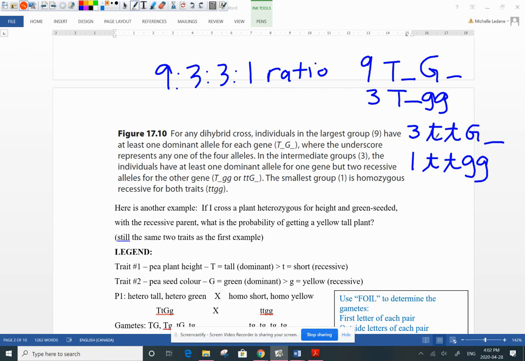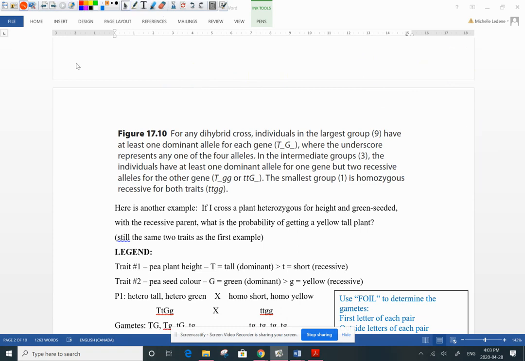And then 3 little t, well, that is going to be short rather than tall, and big G, so it means they're green. So this little blank here, it could be a big G or it could be a little g, okay? But as long as you have that one big G, you know that it's going to have the dominant trait. And then here's our double recessive. The 1 out of 16 is little t, little t, little g, little g. That guy is our recessive.